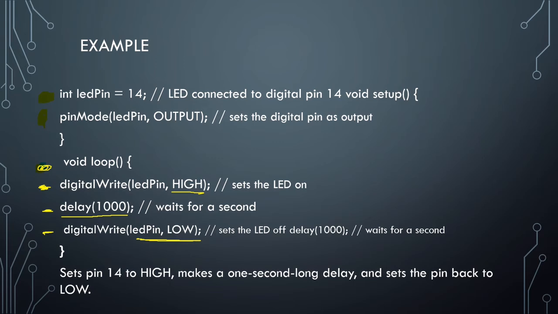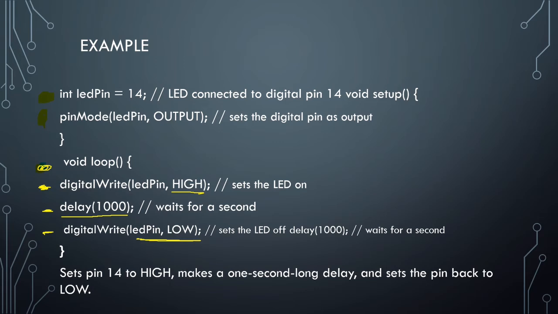So this is setting pin 14 to high, it's waiting 1 second, and then it is setting the pin back to low. So what this program is going to do, if this pin number is connected to an LED, is it's going to turn that LED on for a second, wait 1 second, and then go to the next line of the code and turn that LED off.